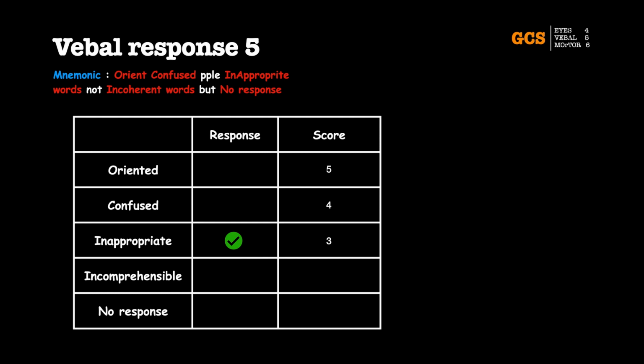And if the patient makes incomprehensible or incoherent sounds which no one understands, you score the patient 2. And if the patient makes no sound at all, if the patient does not communicate in any way to any stimulus that you apply, you score the patient 1.